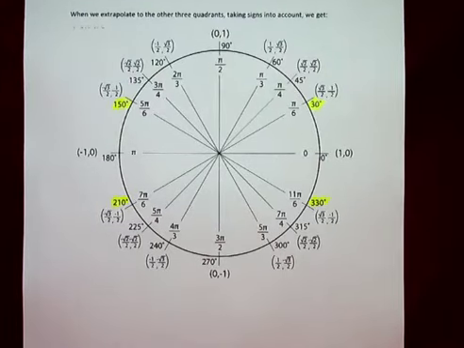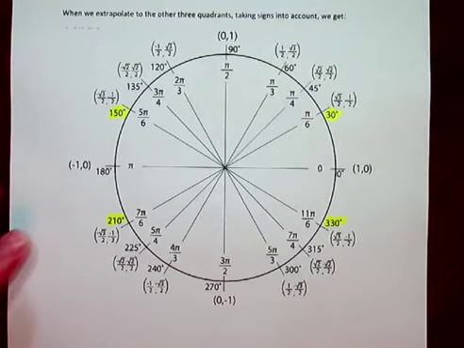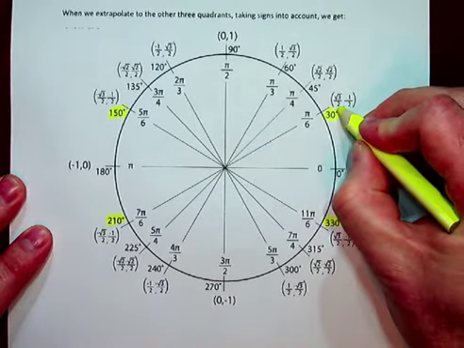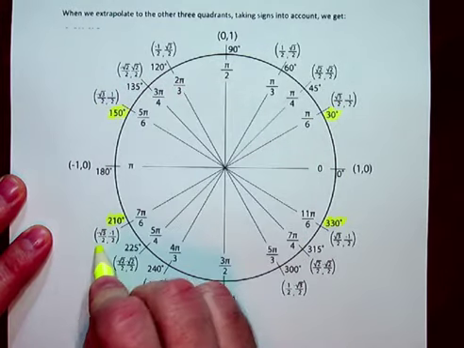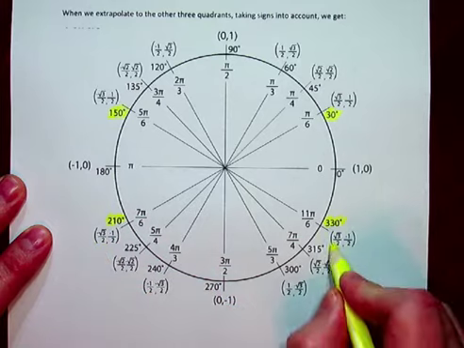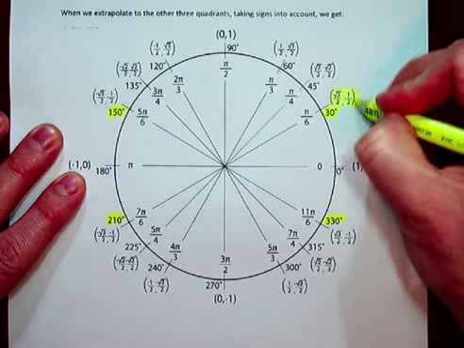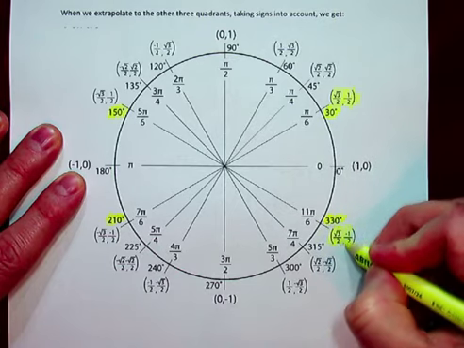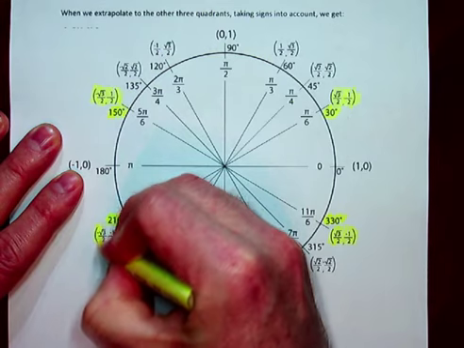And notice, if we zoom in just a little bit, they all have root 3 over 2, negative root 3 over 2, or positive root 3 over 2 as their cosine angle. And they also have 1/2 or negative 1/2 as their y-coordinate.